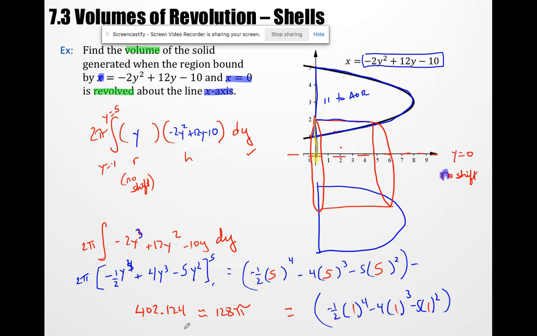Okay. So finding volume, it's still a revolution because you are spinning across an axis of revolution. But with shells, you're allowed to make your strip parallel to the axis of rotation instead of perpendicular. Your strip has to be perpendicular to the axis of rotation if you're doing discs or washers.